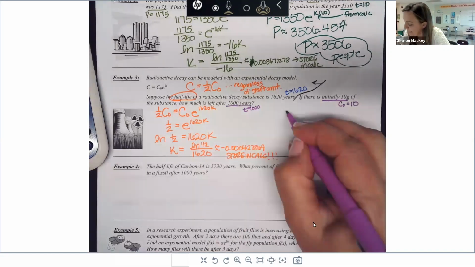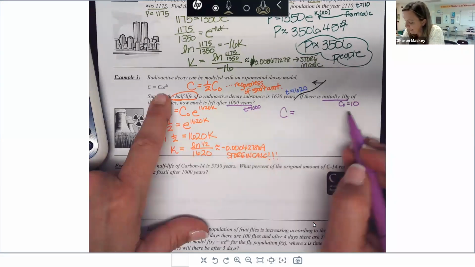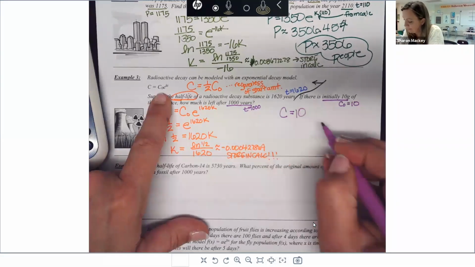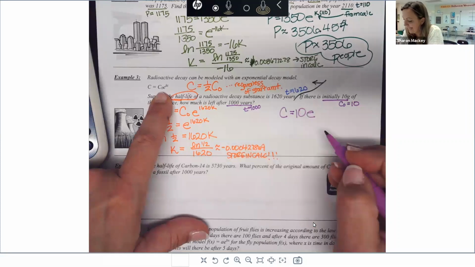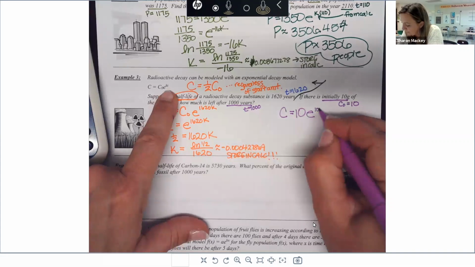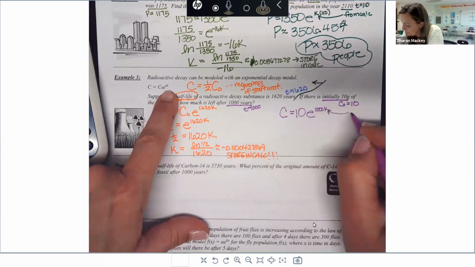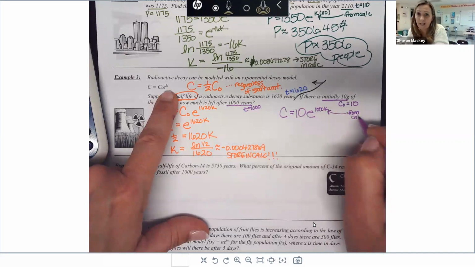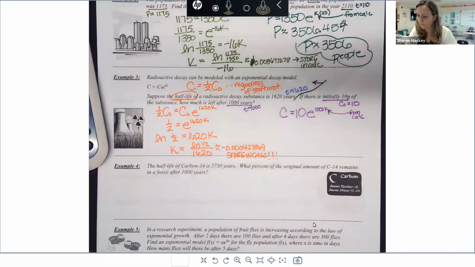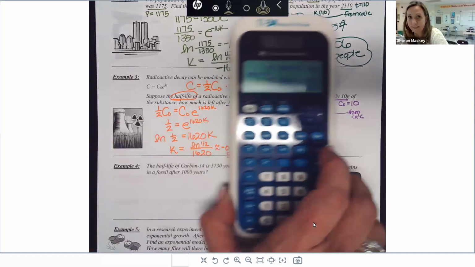So here we would have C equals our initial amount, which we said was 10, times E to the K times 1,000. So we could write that as 1,000 K. And again, that K value is going to be whatever we had from the calculator. Okay, so here's my calculator. I would type that in.